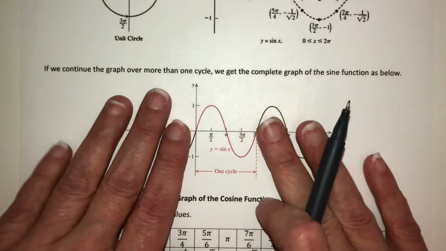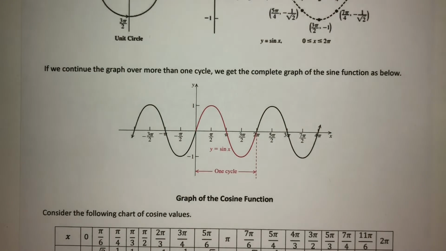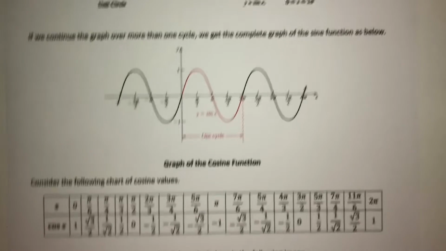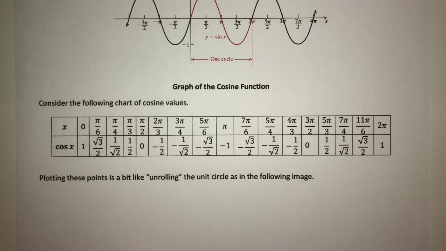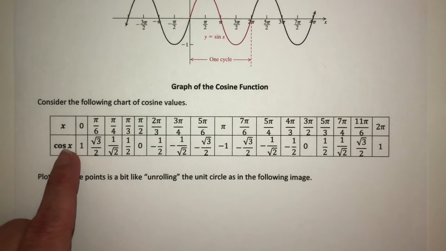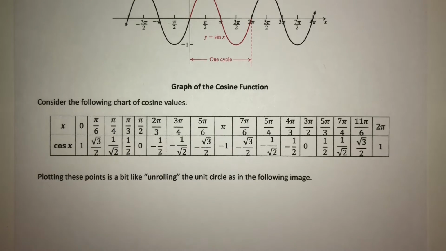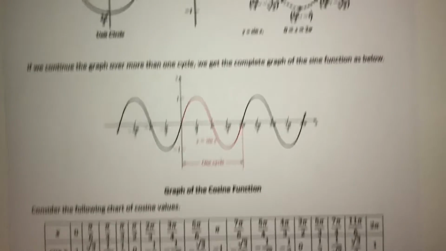So once we know what one cycle looks like, we can create a graph covering as much as we need. Now, if we do the same type of thing for cosine, and these are the cosine values I've pulled off the unit circle, and again, it's sort of like unrolling it.